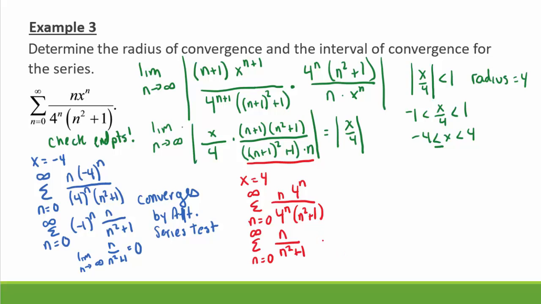Now we have to figure out if this converges or diverges. So it's all of those tests that we have. So let's compare this to one over n, because that's what that would simplify to.